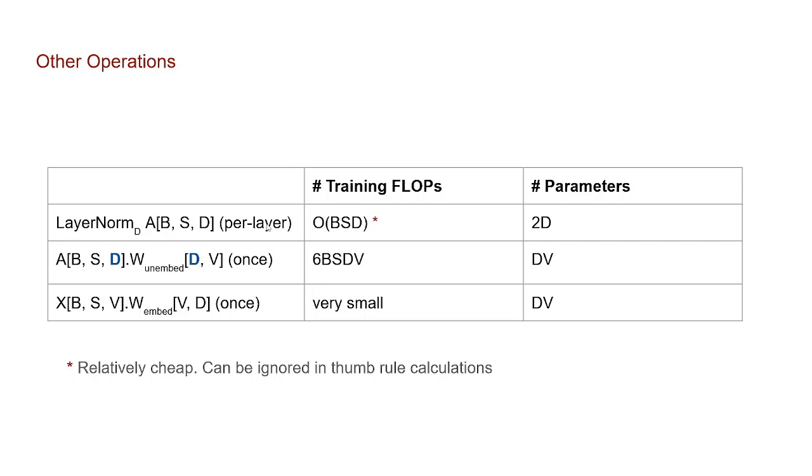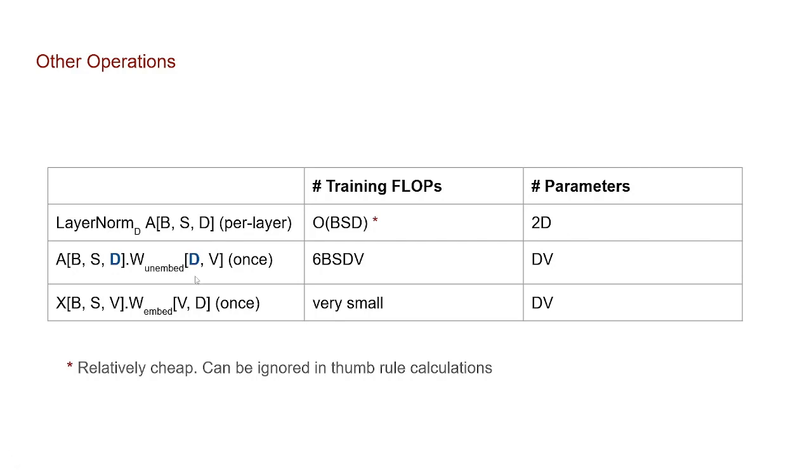Recall that for every d-dimensional vector, we compute a mean and a standard deviation, and then multiply with the scaling and the shifting parameters. So the number of parameters involved, for every layer, is 2D. There's a d-dimensional parameter for the scaling parameter gamma and a d-dimensional one for the shifting parameter beta.